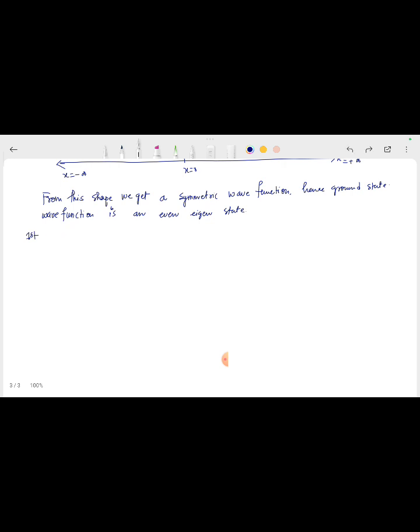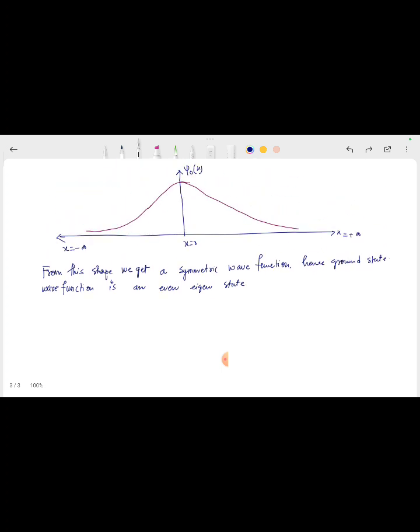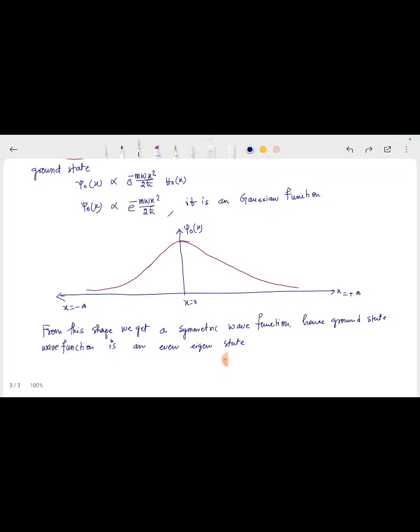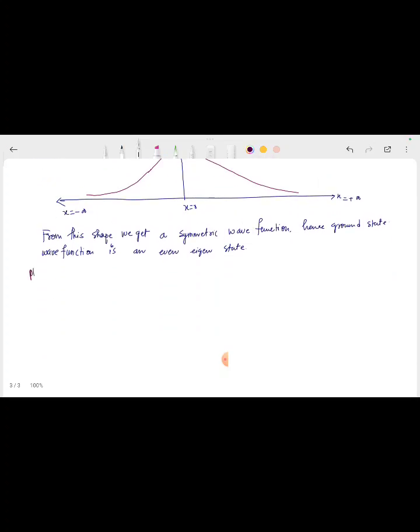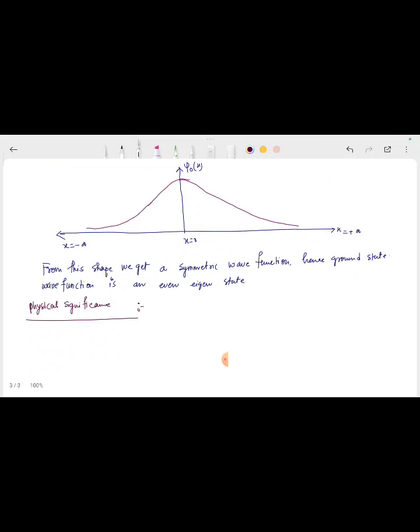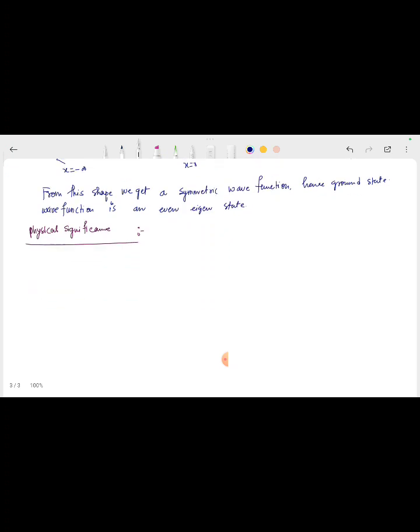So actually, what is the physical significance of the shape of this ground state eigenfunction? It's very important. If you want the physical significance of this ground state eigenfunction, you first calculate the probability of the ground state, and then find out the shape of this probability distribution function.